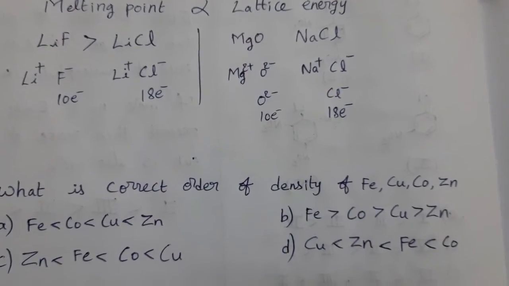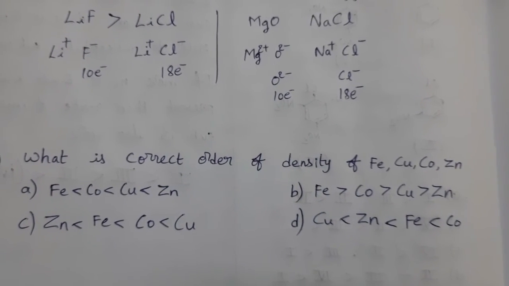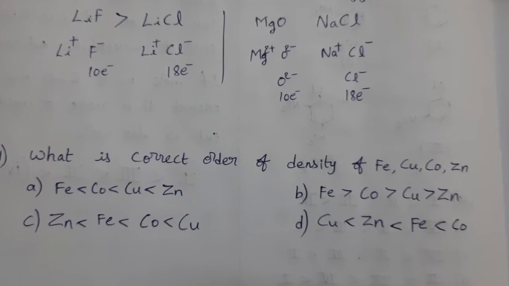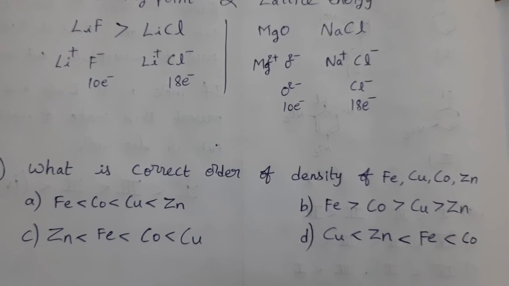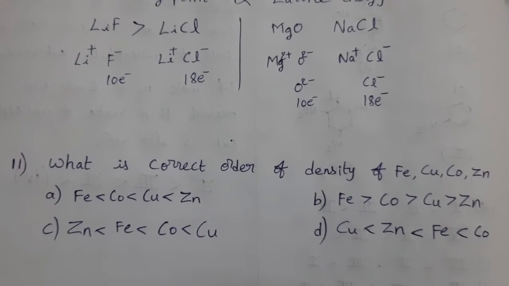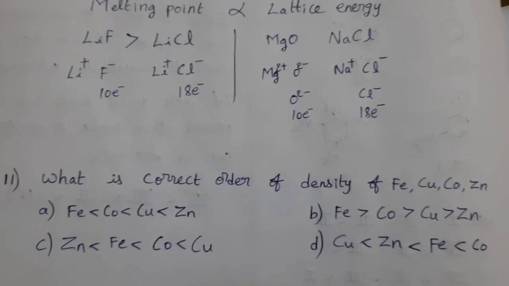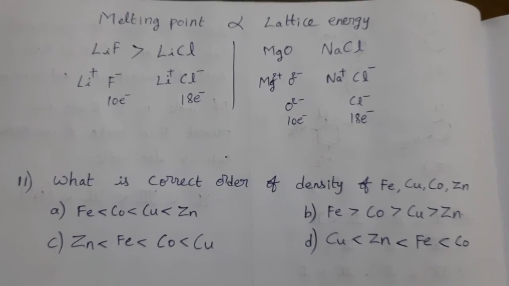If we compare anions, O2 minus has 10 electrons, Cl minus has 18 electrons. O2 minus is smaller than Cl minus, so it has a strong attraction on the cation. You may get a doubt, why can't we compare cations?